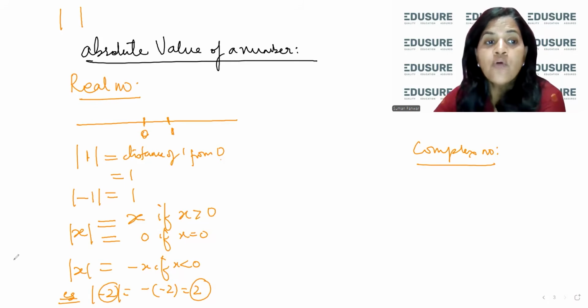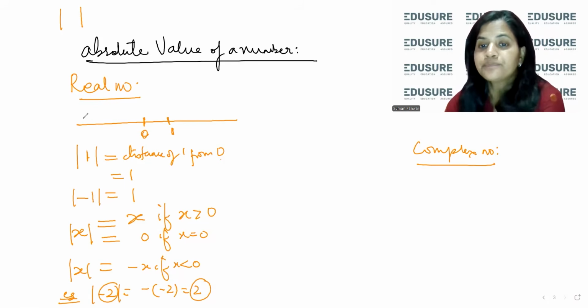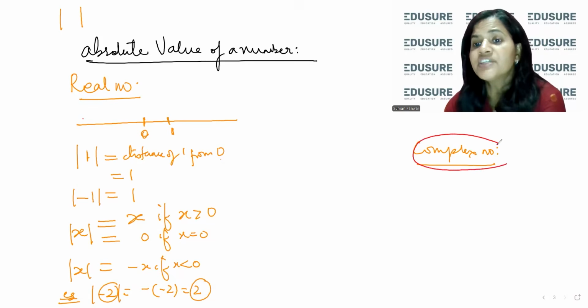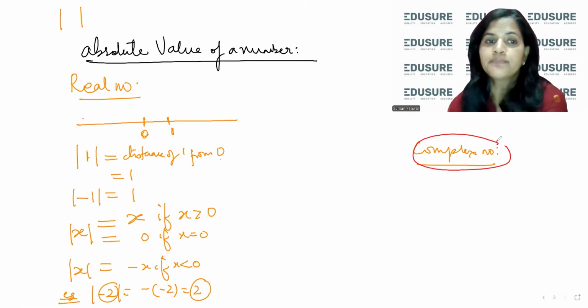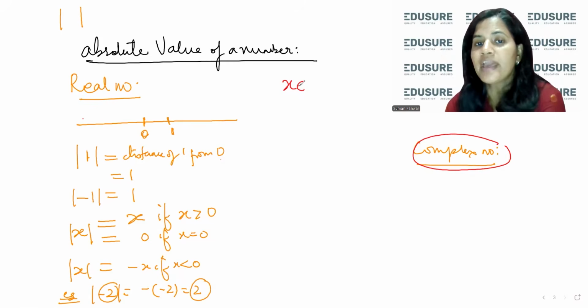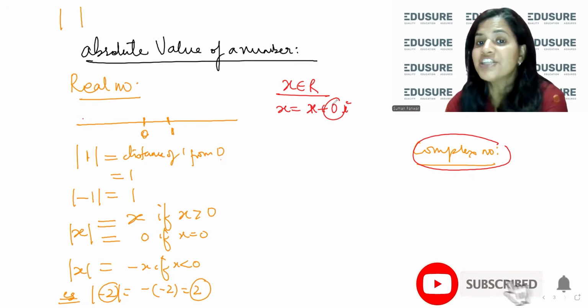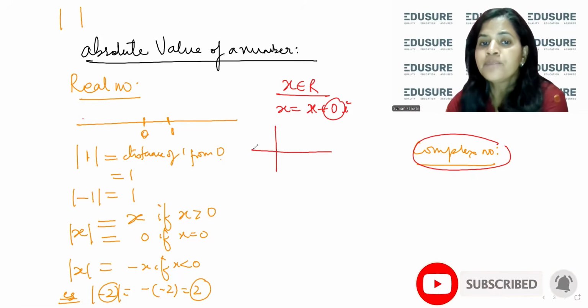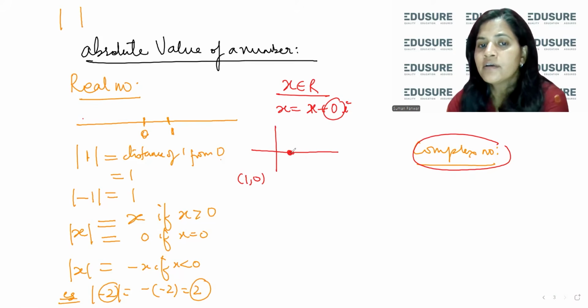All right. Now, what do you mean by complex number? Now you can see that complex numbers are just an extension of real numbers, because if I have a real number x, then I can write x as x plus 0i. So the imaginary part is 0. For example, if I have a number 1, 0, it will be plotted here. Okay, so this is 1 plus 0i.